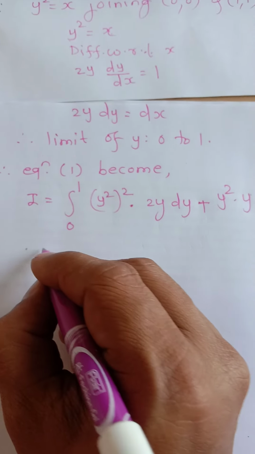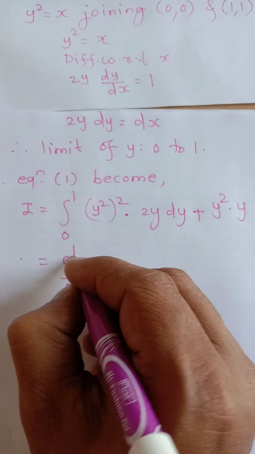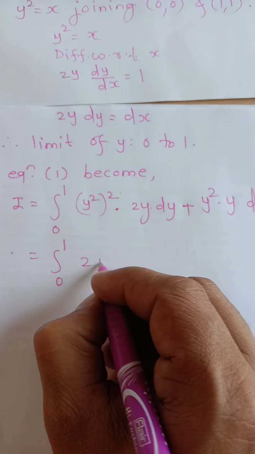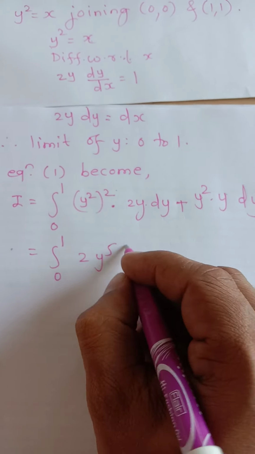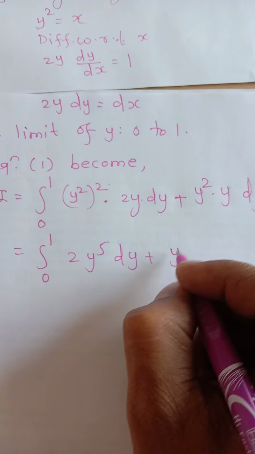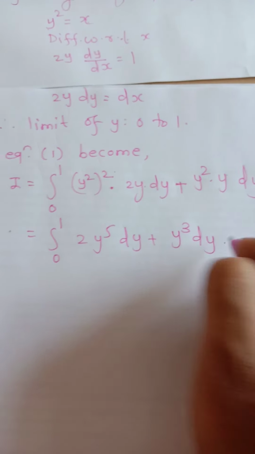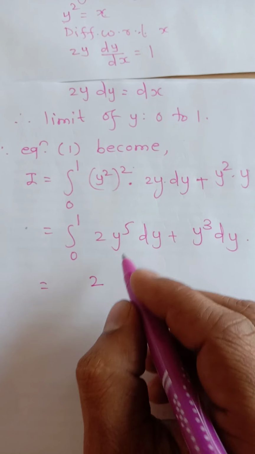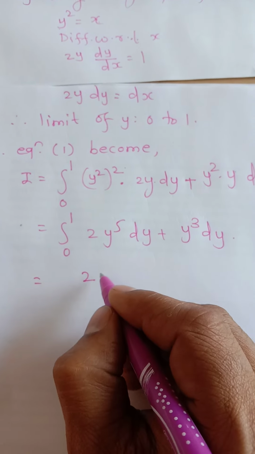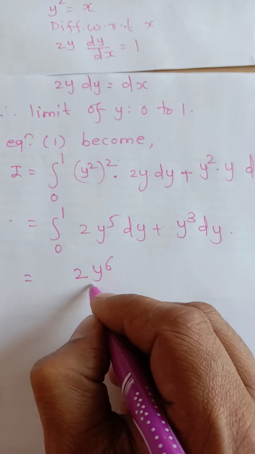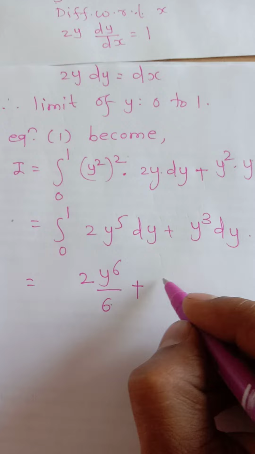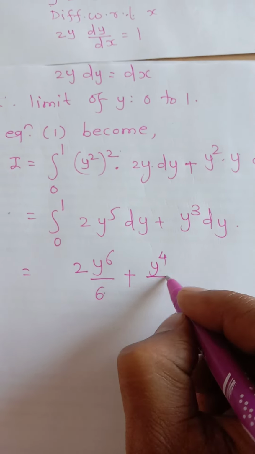So simplify: integration from 0 to 1, y raised to 4 into y means y raised to 5. So 2 times y raised to 5 dy plus y cube dy. So 2 as it is, the integration of y raised to 5 is y raised to 6 upon 6, plus the integration of y cube is y raised to 4 upon 4.